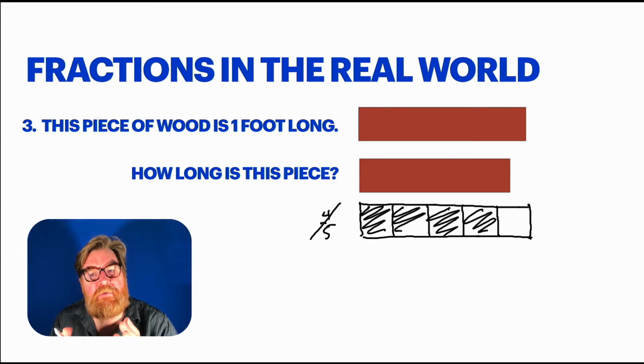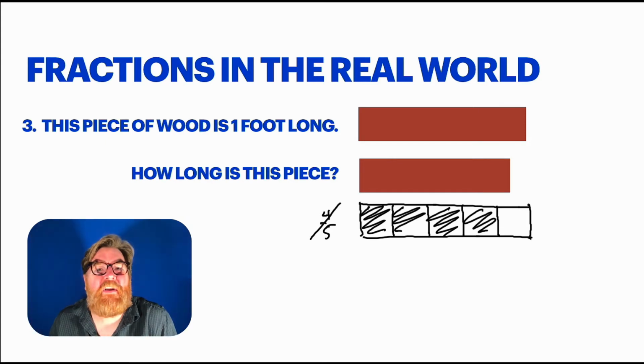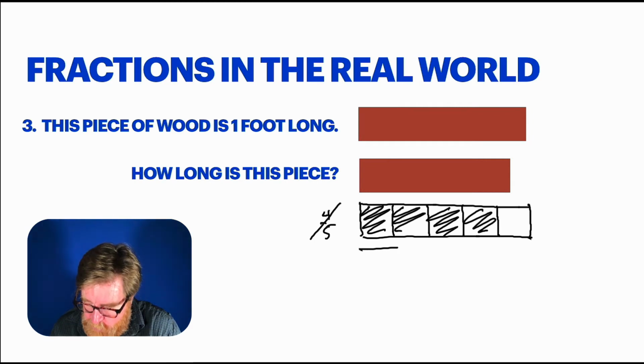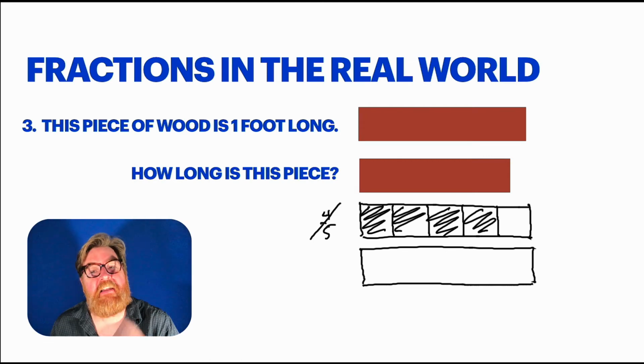Maybe if we used a smaller piece than fifths, they might be able to fit in there better. I'll tell you what. What if we tried tenths? Let's give it a shot. I'm going to redraw my measurement piece here. This is 1 foot long. The nice thing about tenths, having just done fifths, is each one is half as long.